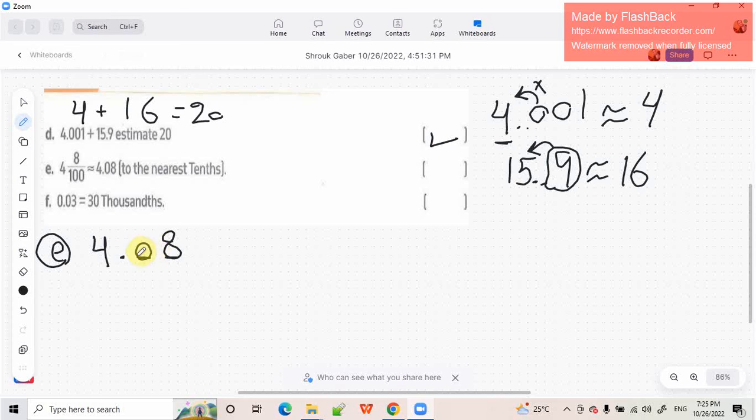And the rest is 0. Now we'll answer when we round this number to the nearest tenth. If I round this number to the nearest tenth, 8 will give 1. So the answer will be 4.1, which doesn't equal 4.800. So the answer is wrong.